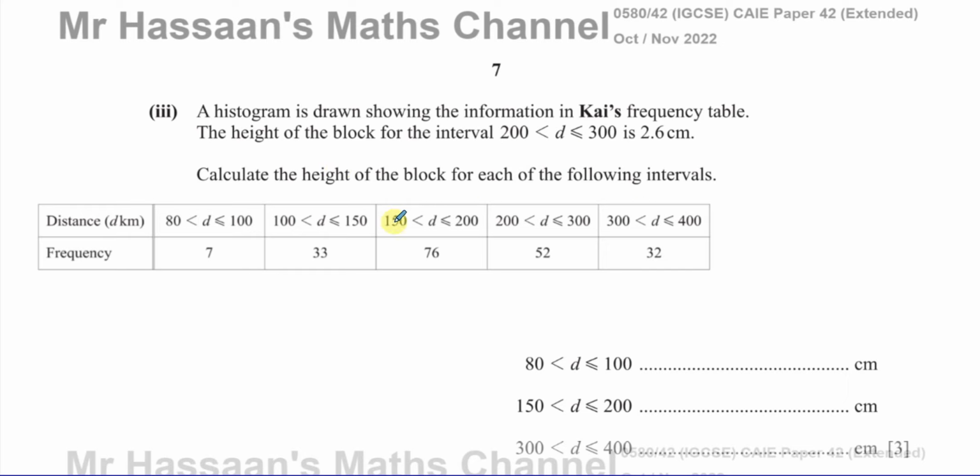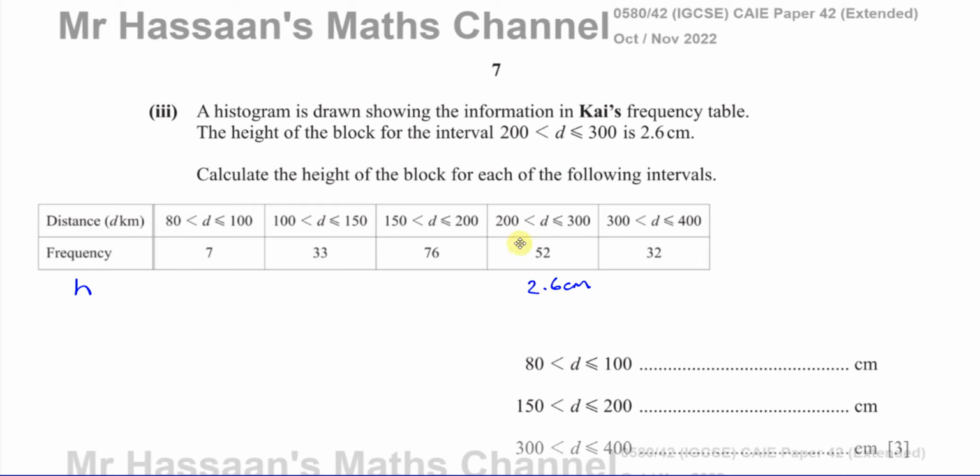So that's Chi's one, the one on the top. The height of the block for the interval 200 to 300 is 2.6 centimeters. So we can say the height of the block for this one is 2.6 centimeters. Calculate the height of the block for each of the other following ones.